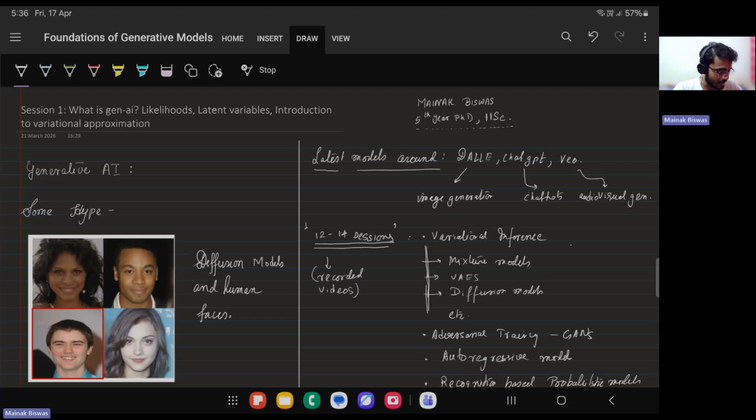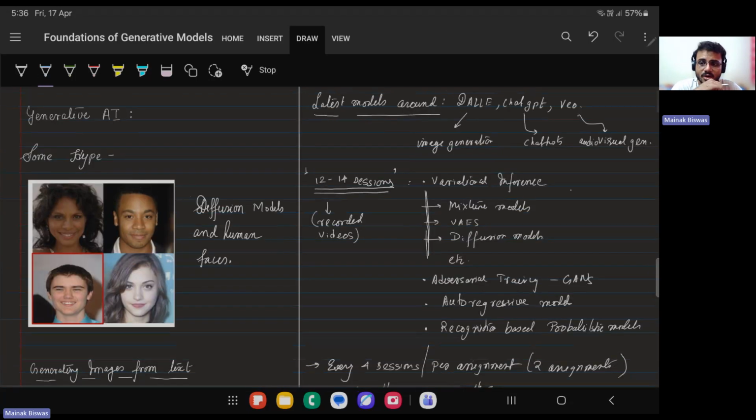Now let's see some specific cases. Why should you have the hype for these models? I think all of you have used video generation models and image generation models. For example, DALL-E, when it came out, was a huge thing. And this is the first diffusion model paper, called the DDPM paper, the denoising diffusion probabilistic model.